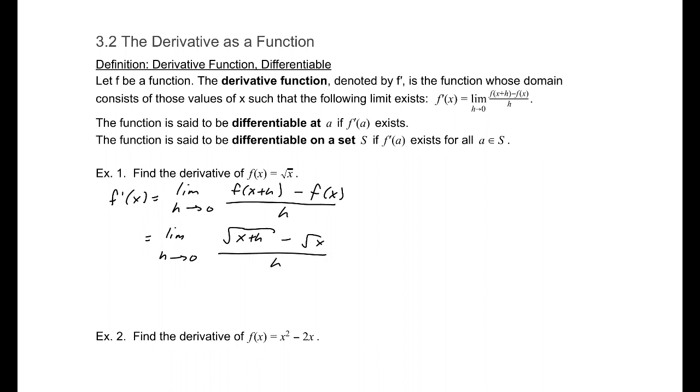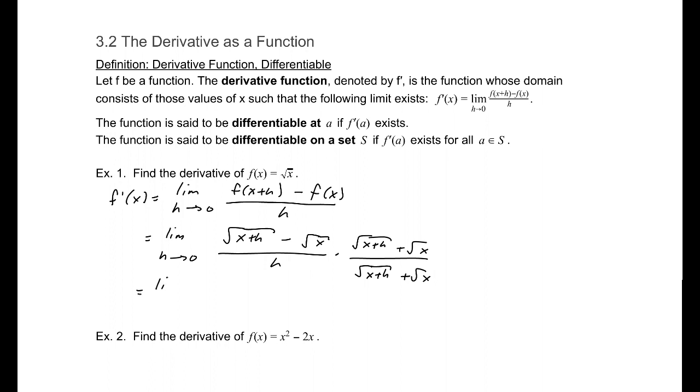Now we need to rationalize this so we can get rid of those square roots there. That is our trick we keep pulling. So square root of x plus h plus the square root of x over the square root of x plus h plus the square root of x, multiplying by a clever 1.